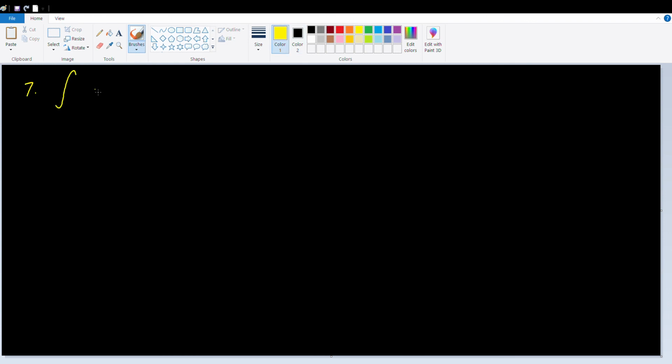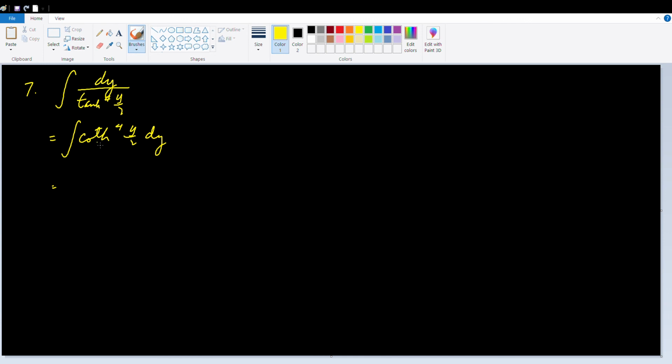Let us try the integral of dy all over hyperbolic tangent to the fourth y over 2. Instead of using a negative exponent here, we use the reciprocal of hyperbolic tangent, which is hyperbolic cotangent to the fourth y over 2 dy.